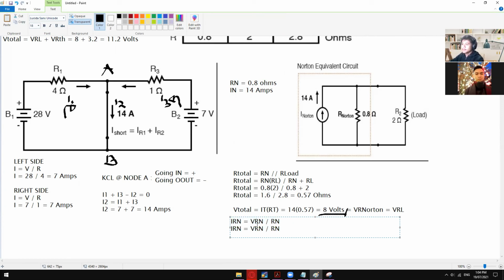So VRN is 8 volts divided by Rn, which is 0.8. So this will give us a value of 10 amps.